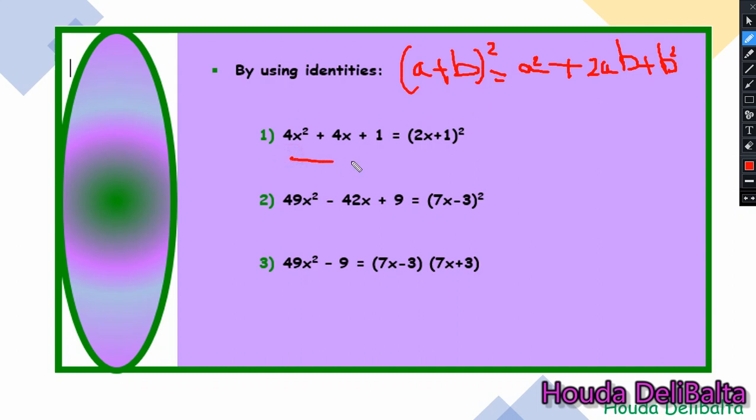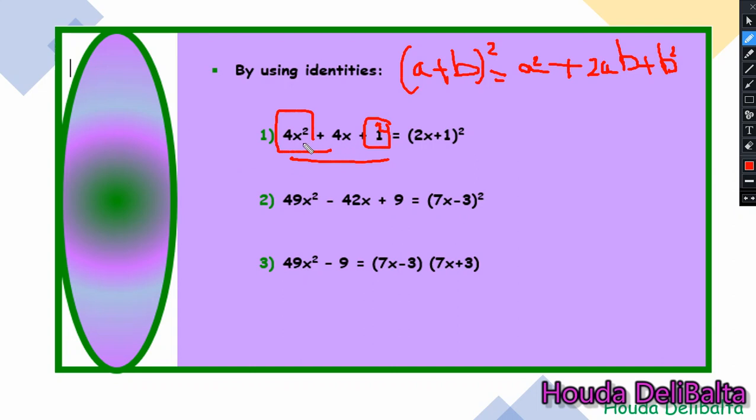So you have it in the expanded form as you see here, 4x squared plus 4x plus 1. So you just look at the extremities, 4x squared and 1, and we put square for 1 because 1 squared is the same as 1. And we just make the radical of the first term and the last term.